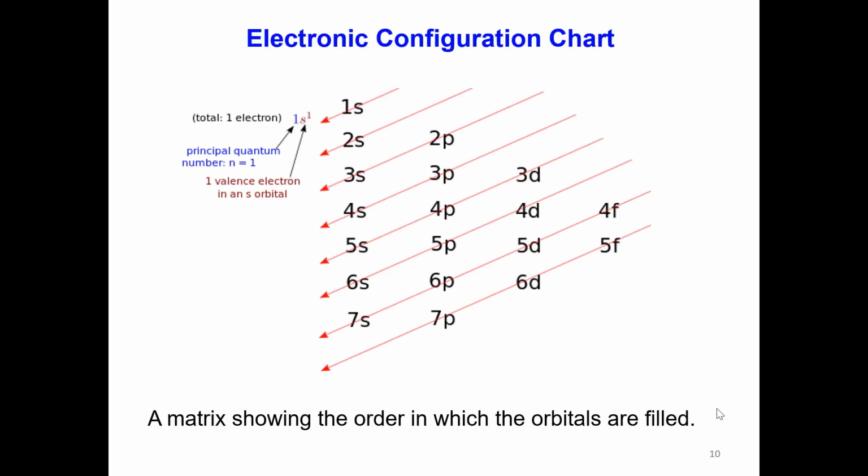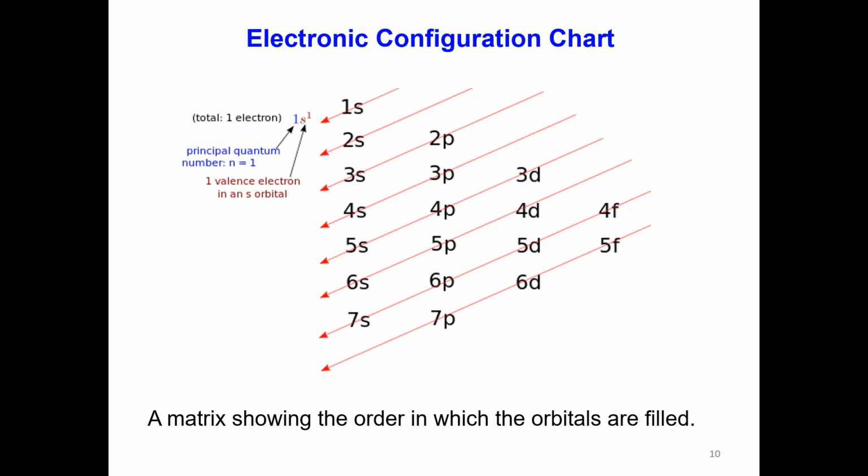We will study two different ways to determine the electronic configuration of an element. One is the chart, and the other one is the periodic table. To determine the electronic configuration using a chart, we will use a matrix which shows the order in which the orbitals are filled. In the matrix, we have the principal quantum numbers and the respective subshell.